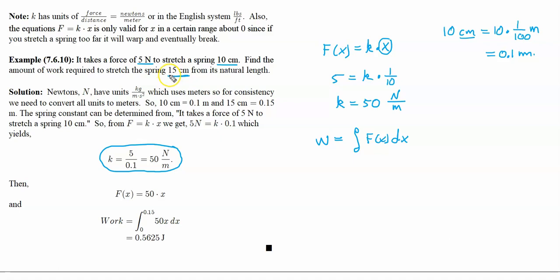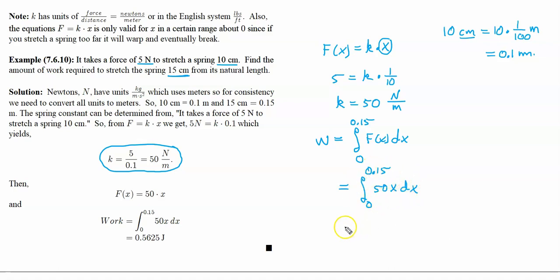Okay, so what we're going to have here is x will go from 0 up to 0.15, and we just put in for the f of x this equation that we just determined. So f of x is 50x, right?